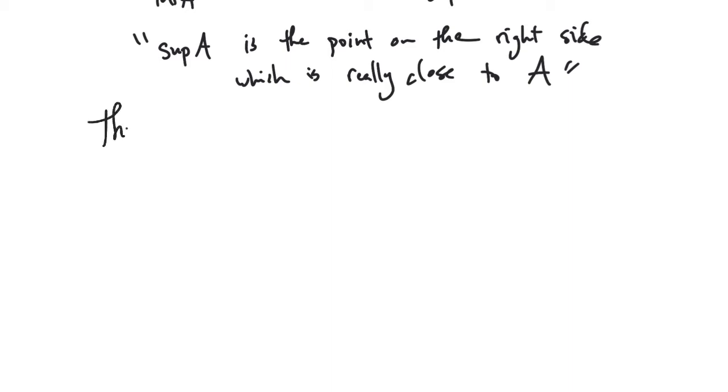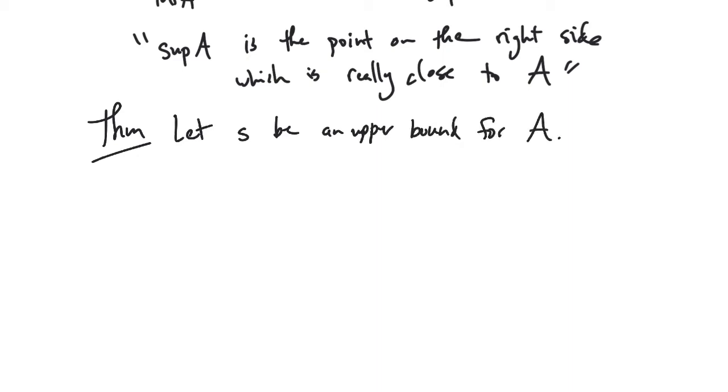So it starts off like this. I'm going to say let S be an upper bound for some set A. And then S is the sup, right, with an equal sign. S equals the sup of A if and only if.